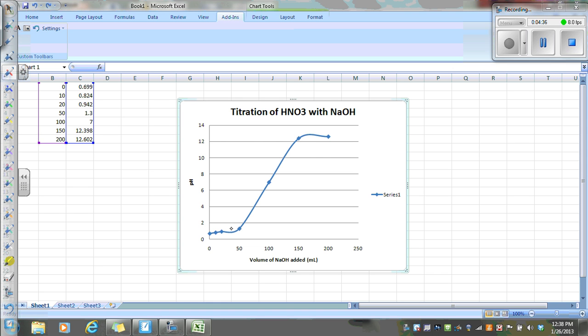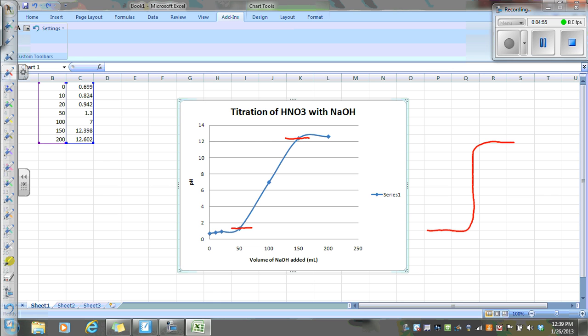This is where we haven't added enough base and the acid is still predominating. What you want to do when you look at a titration curve is look at this really sharp increase in pH. In most of the textbooks, at least for strong, it's much more vertical than it is here.